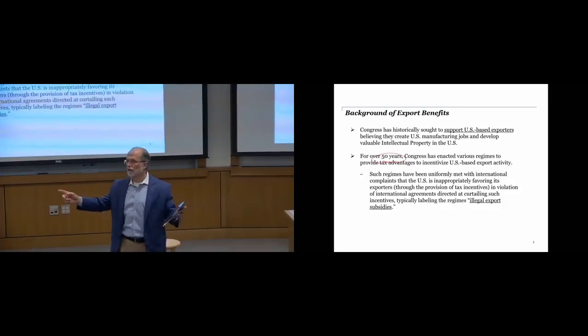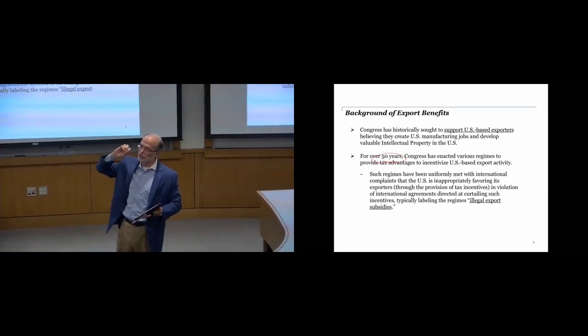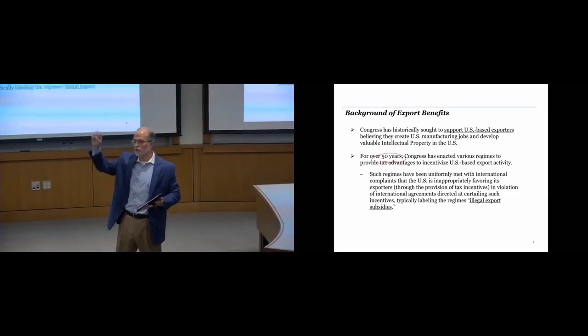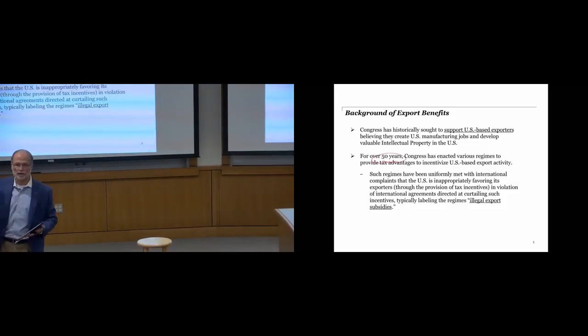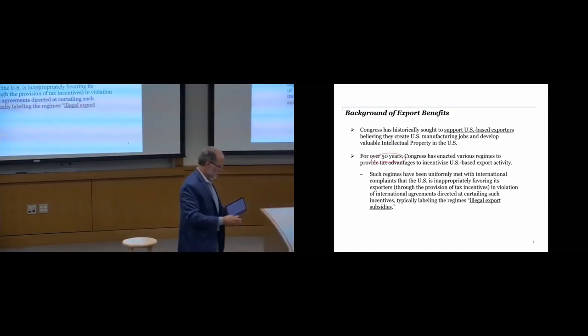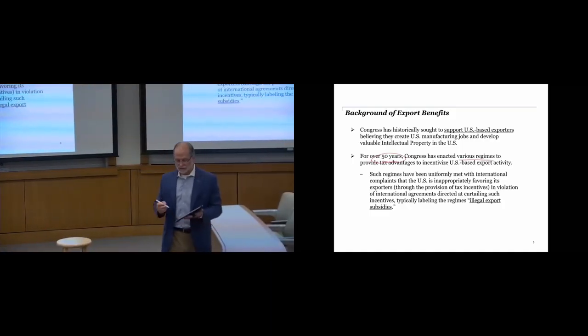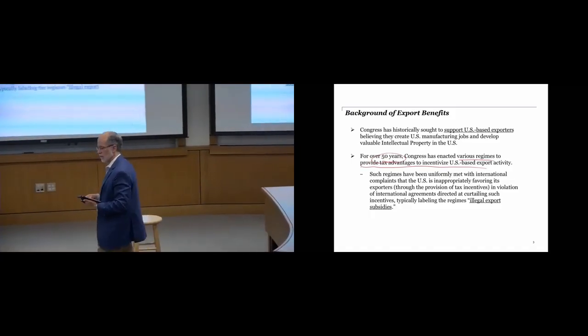You can exploit it globally through export sales. You can exploit it globally through licensing arrangements where you give access to your US-based intellectual property in exchange for royalties. And both of those things are what we're going to talk about here. So we have had various regimes in place to provide tax advantages to incentivize US-based export activity.